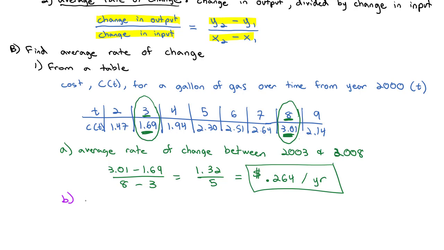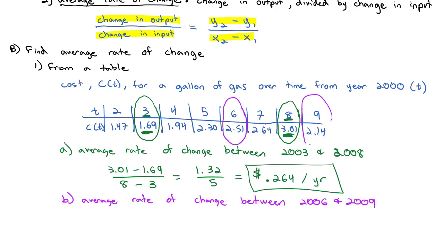Let's do one more. Let's find the average rate of change between, let's do the years 2006 and 2009. Well, here I'll mark 2006 and here I'll mark 2009. We take the change in outputs, 2.14 minus 2.51, divided by the change in inputs, 9 minus 6.